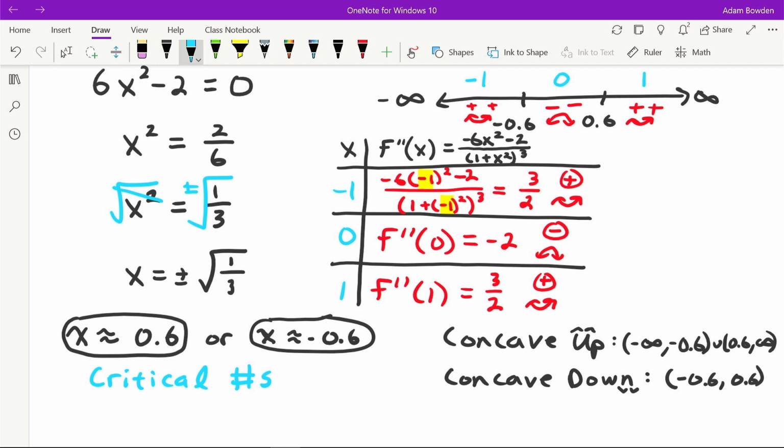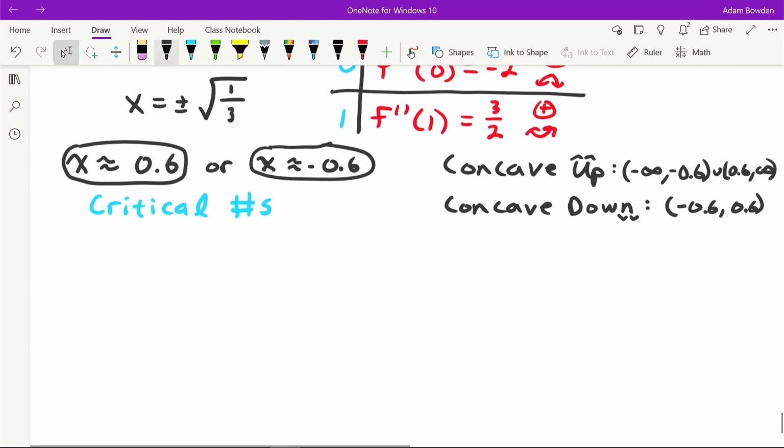Those two locations where it changes, we can call them the inflection points here because the function does exist, the first derivative and everything does exist for those values. So we have two inflection points here to deal with. So let's write those down.